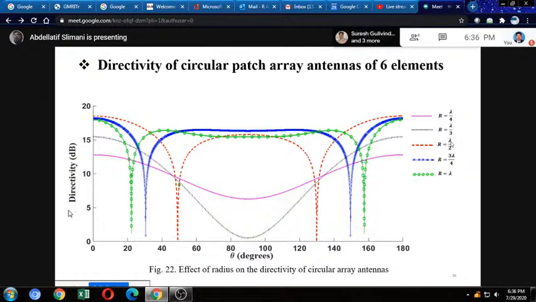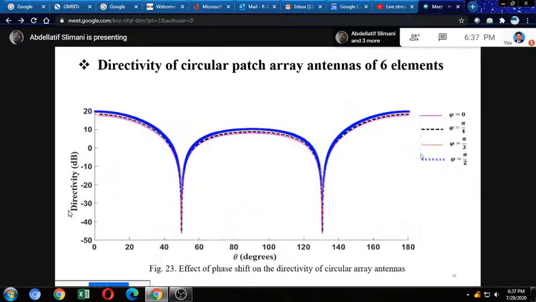Also, I will study the effect of phase shifts in this circular array antenna. So I have phi equal 0 degrees, so I have the radiation performance with the maximum toward 0 degrees and 180 degrees.